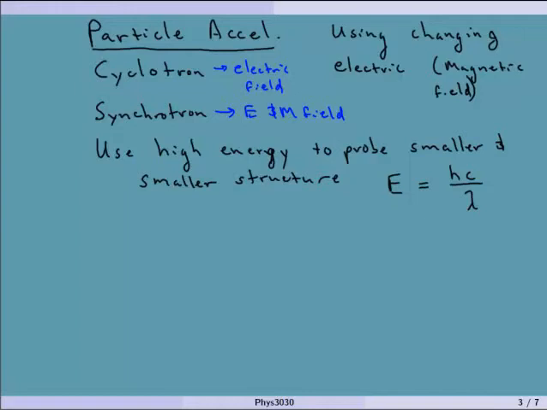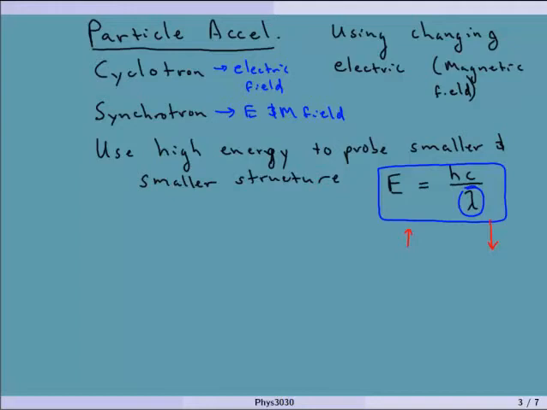But the idea here is that looking at this equation, okay, this is the gist of what I want to say: the energy is on the top over here, the wavelength is on the bottom down here. So as the energy goes up, the wavelength goes down, and small wavelength allows you to look at small things, because the length of the wavelength is what I can probe and what I can look at. Okay.